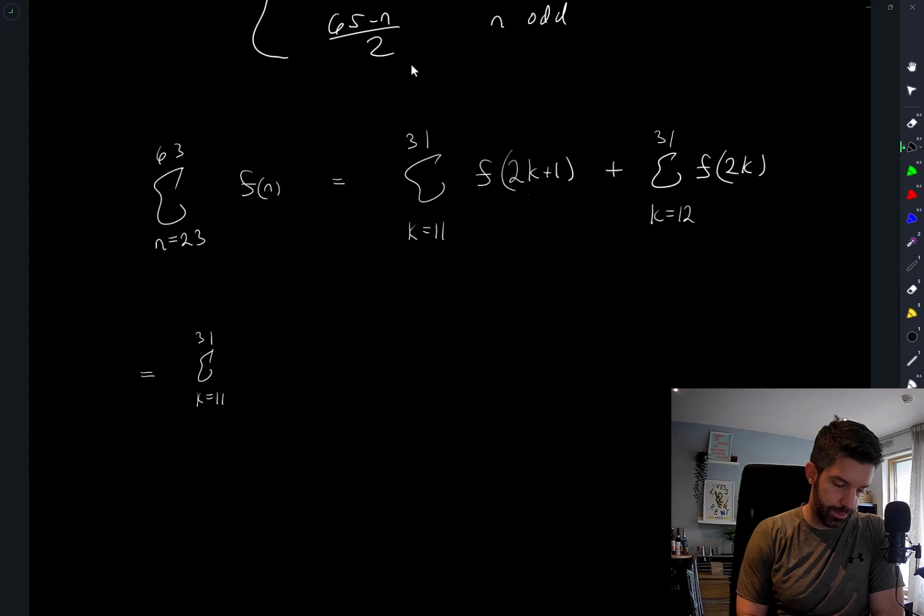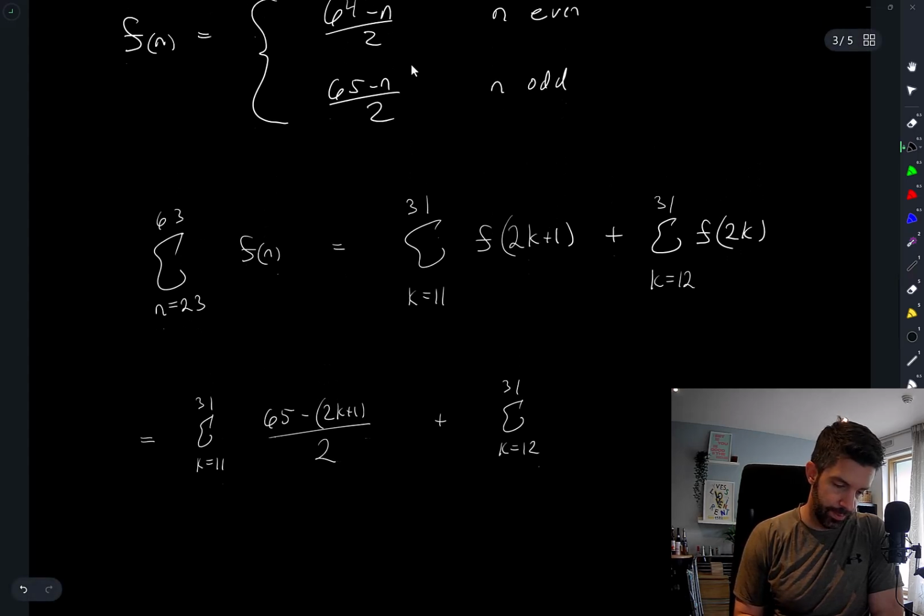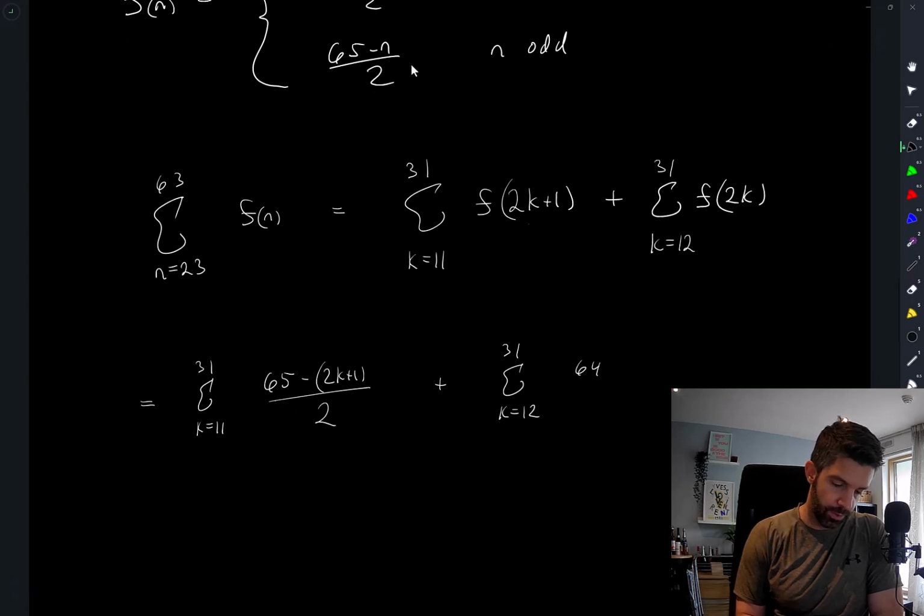So for odd, I have 65 minus 2k plus 1 over 2. For even, I have 64 minus 2k over 2.